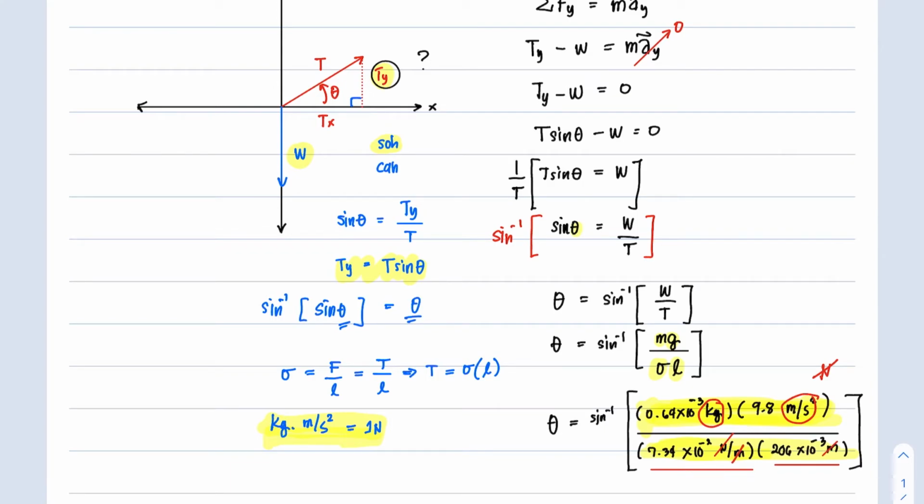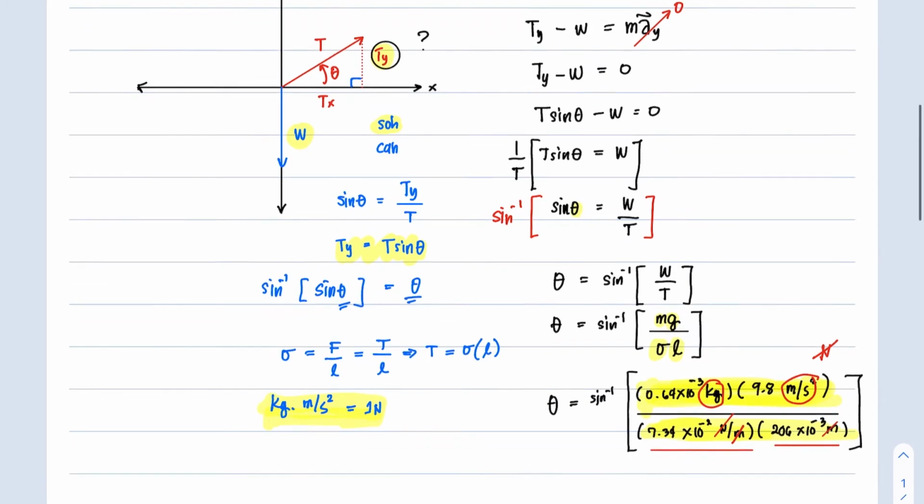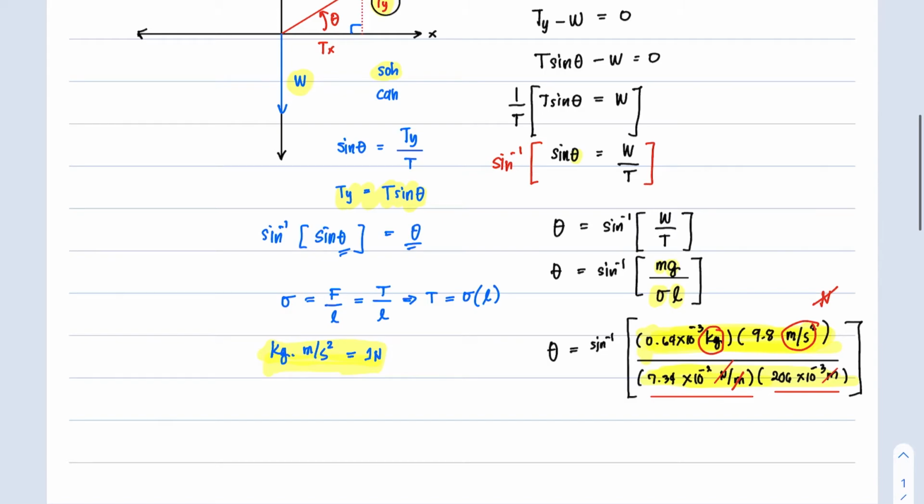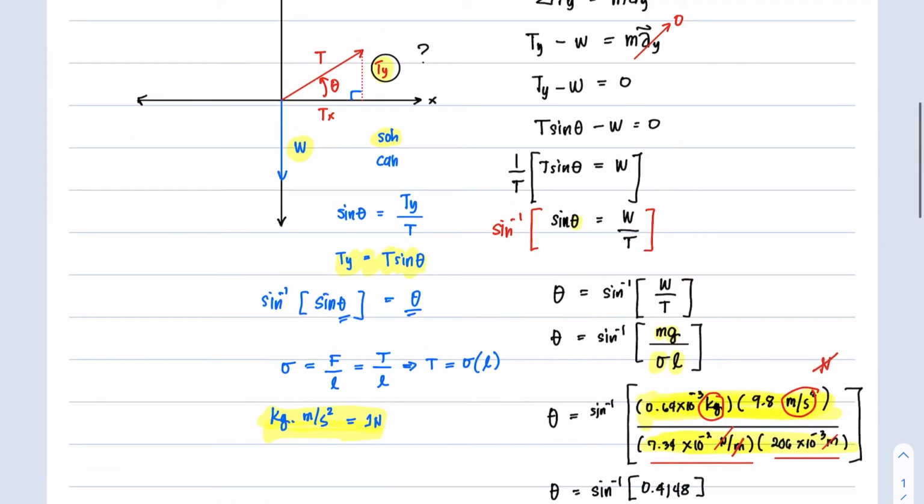Now, take note that it leaves you with a dimensionless number, and that is a good sign that you are dealing with the correct equation. Because as I said, sine inverse is only sensible if you are taking it of just a number without any unit. If you do your calculation, that will give you approximately 0.4148. Then when you take the sine inverse of 0.4148, that will give you this angle, 24.51 degrees.